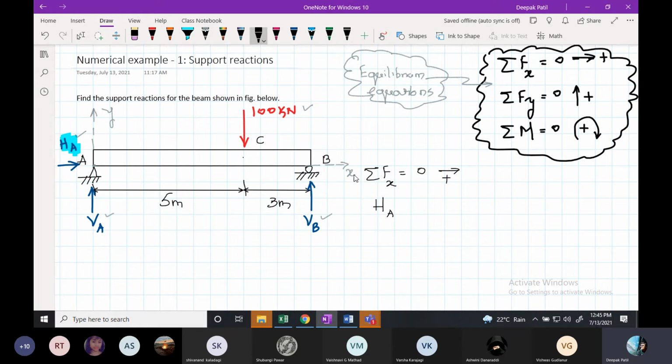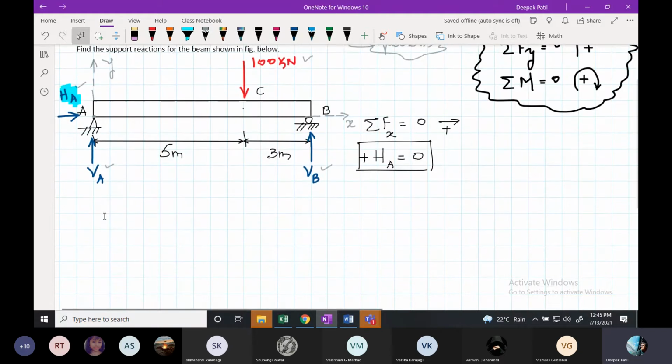So HA is also in the positive x-axis, so I write plus HA. And no other force is there in the x direction. Hence HA is 0. So the first value you have found: the support reaction HA is 0. Next, only VA and VB are left. Let us find them also.